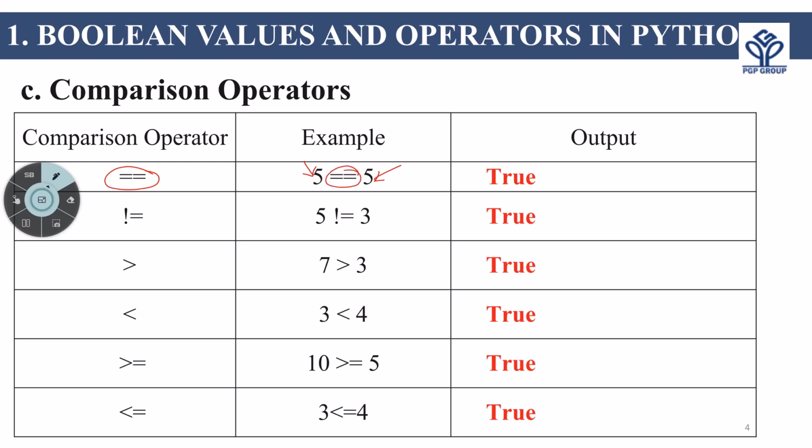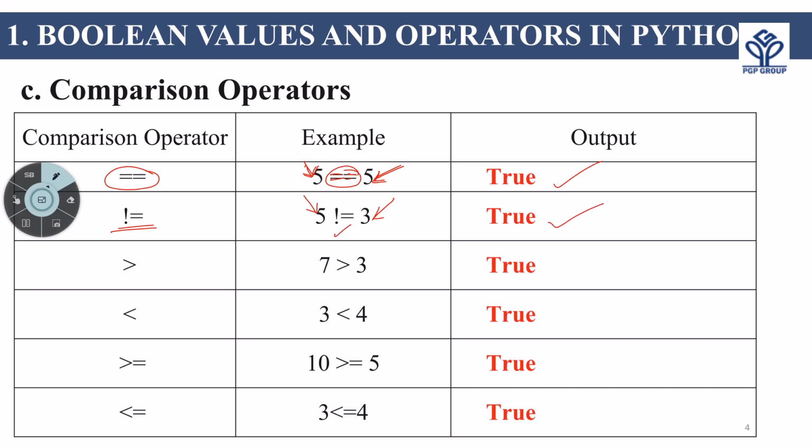Left side value 5, right side value 5, both are equal, so it returns true. The next operator is not equal to, meaning the left side is not equal to the right side. This condition is true, so it returns true.